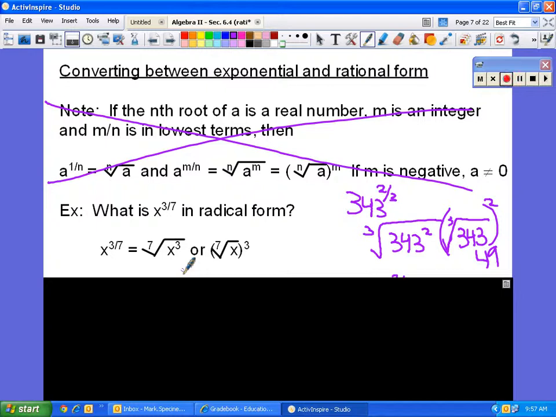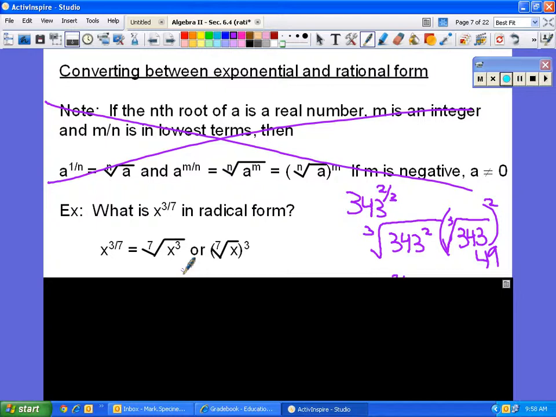So I put a little example up on the board, and I put 343 to the 2/3 power. So I have two ways that I can express 343 to the 2/3 power. I can either write it as the cube root of 343 squared, or I can write it as the cube root of 343, and then that quantity squared.